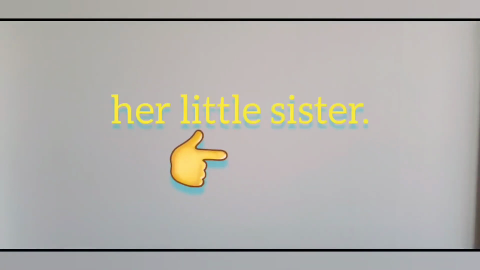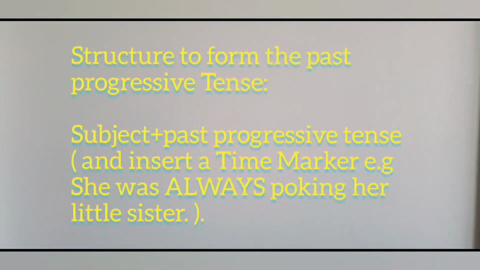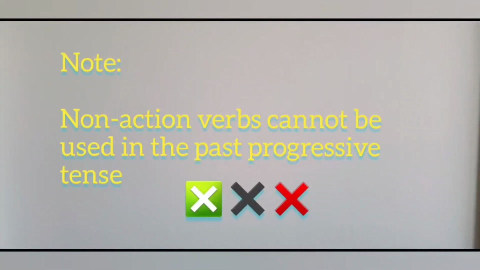Example, she was always poking her little sister. Structure to form the past progressive tense. Subject plus past progressive tense. And insert a time marker. Example, always.